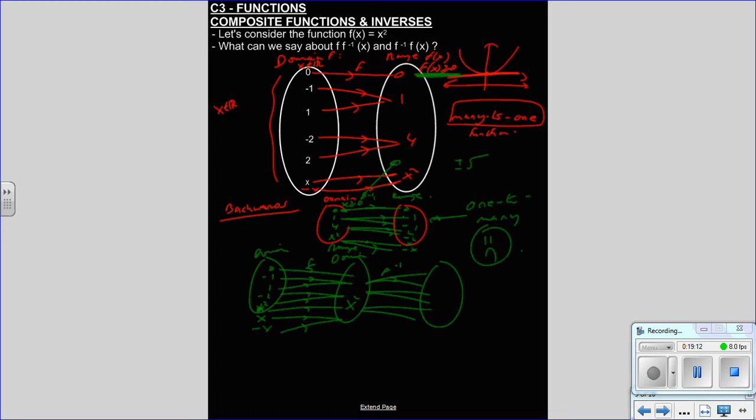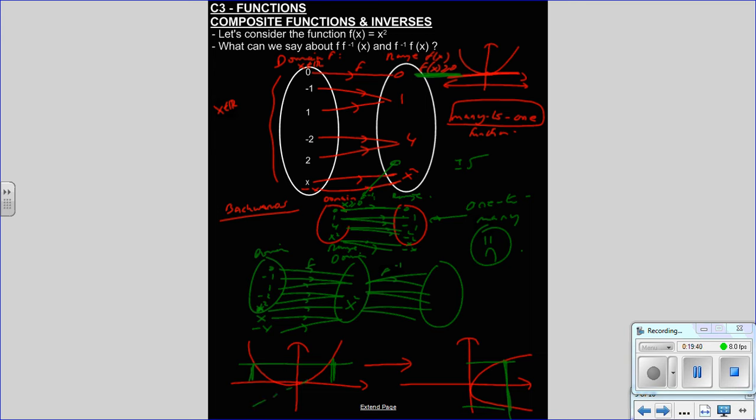And the reason for that is, well, you can see it graphically. If you sketch the graph of plus or minus square root of x squared, it will look like this. And this, as we know, is many x to 1 y. This is 1 x to 2 y's, which is a one to many, which is not a function.